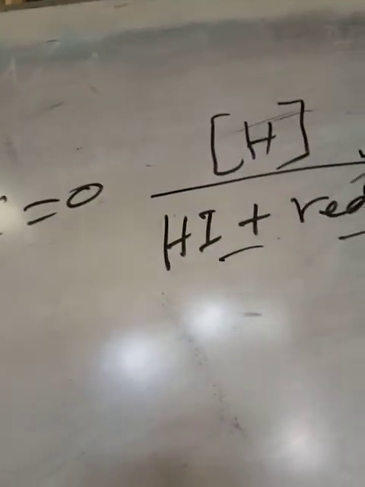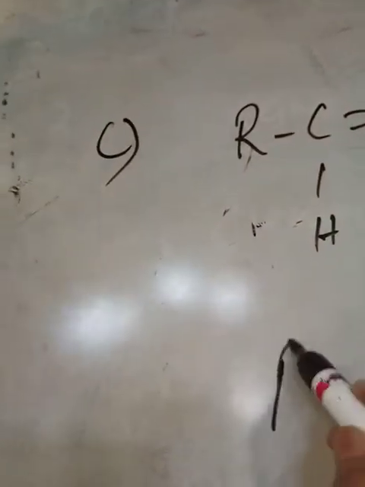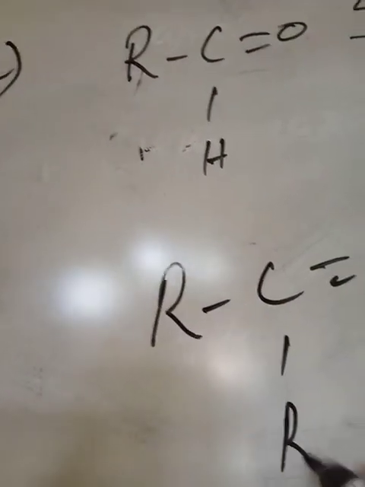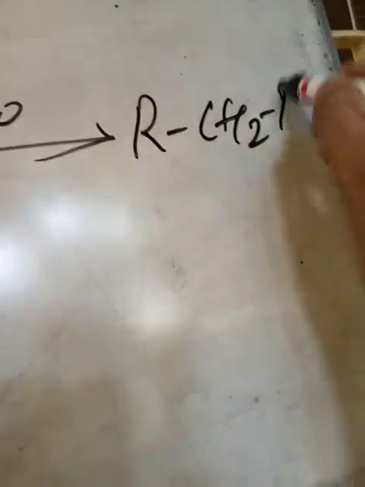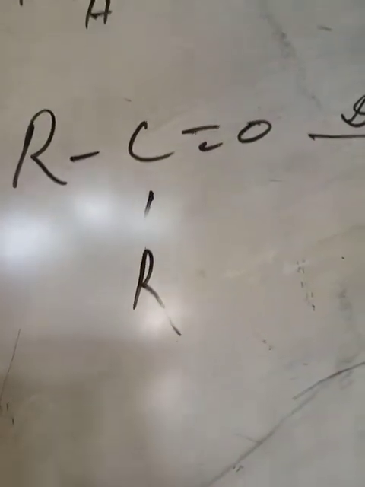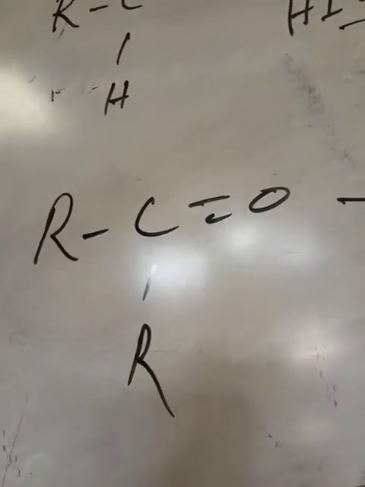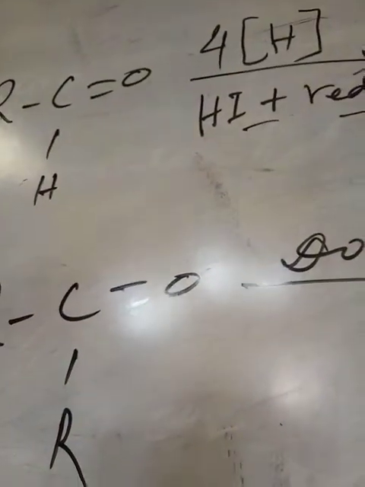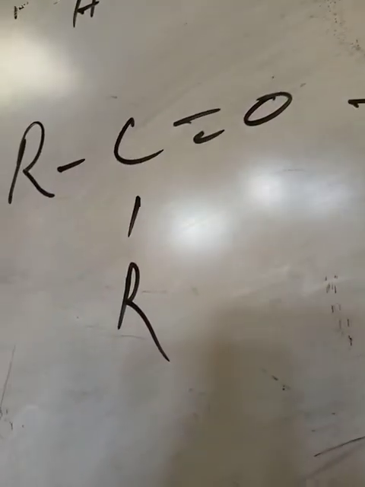Then also here you will get RCH3. Four hydrogens will be added here. If you take ketones, then with the same reagent you will get RCH2R, alkane. These are alkanes. So the carbonyl groups have been reduced to methylene group. So by these processes you can reduce the carbonyl compounds, aldehydes and ketones, to alkane.